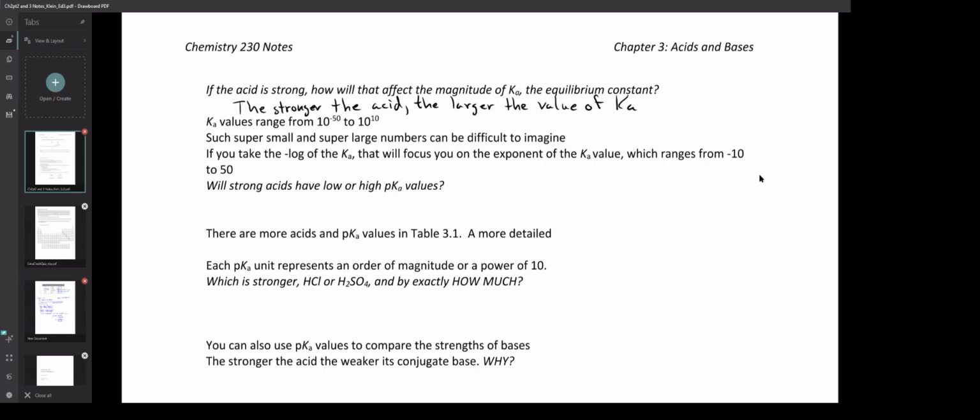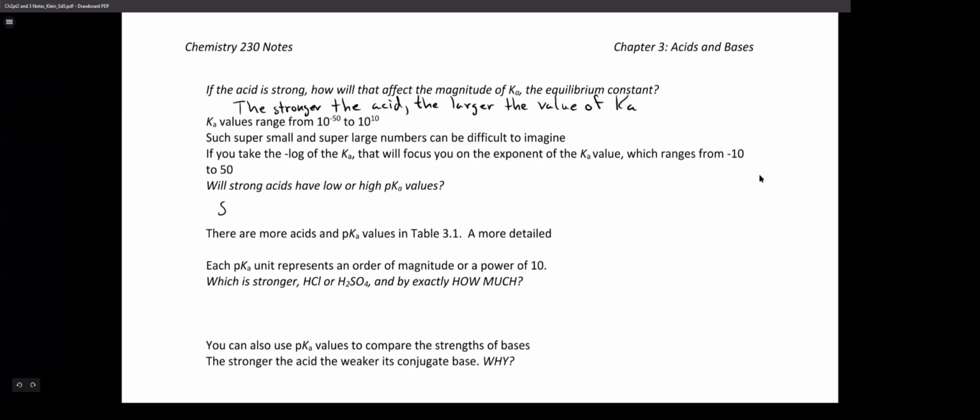So the strongest acids have the lowest pKa values. Okay, typically less than 0.